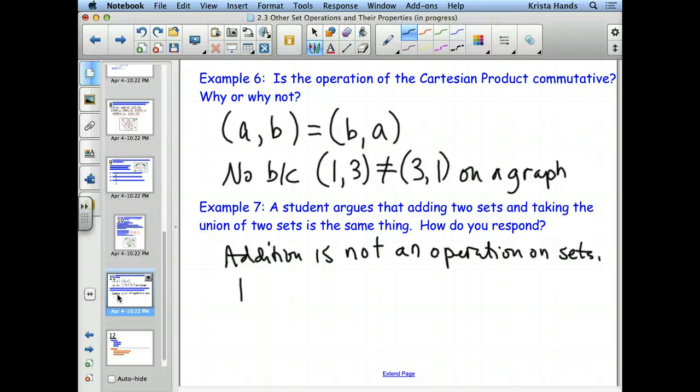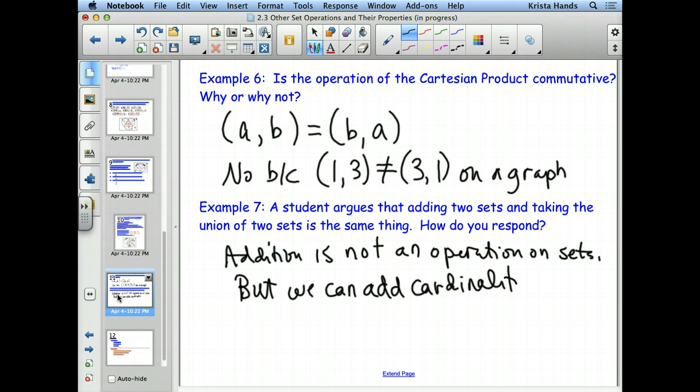So, let me say that though. We can add cardinalities. And the cardinality that we're talking about is if we were to take the union and talk about the number of items in the union. Do you remember the formula here? How do I find the number of items in the union of two sets? It's the intersection. Mm-hmm.